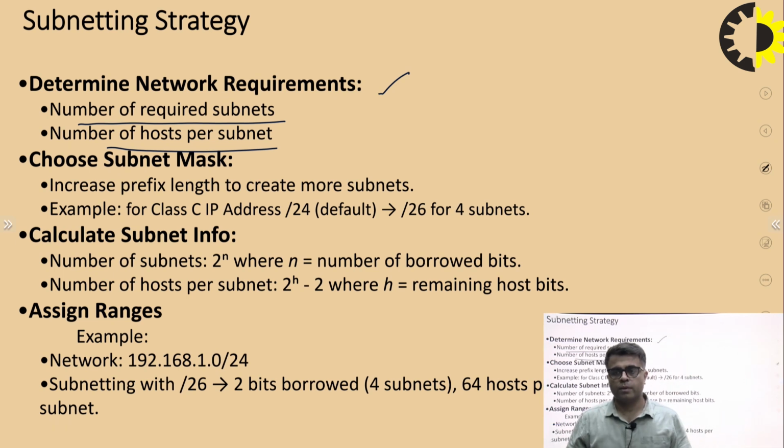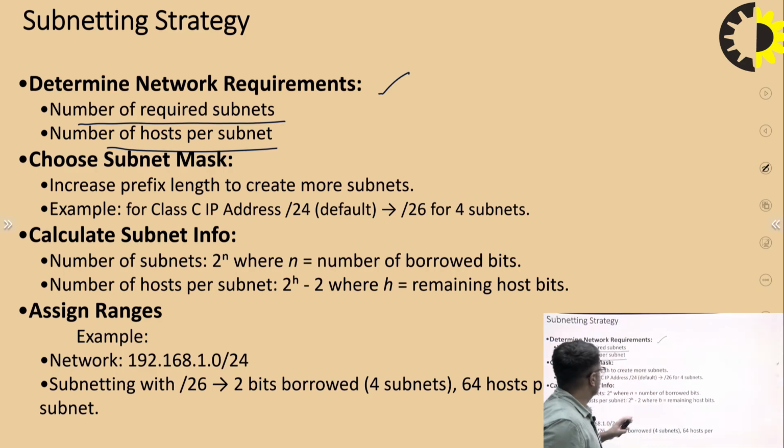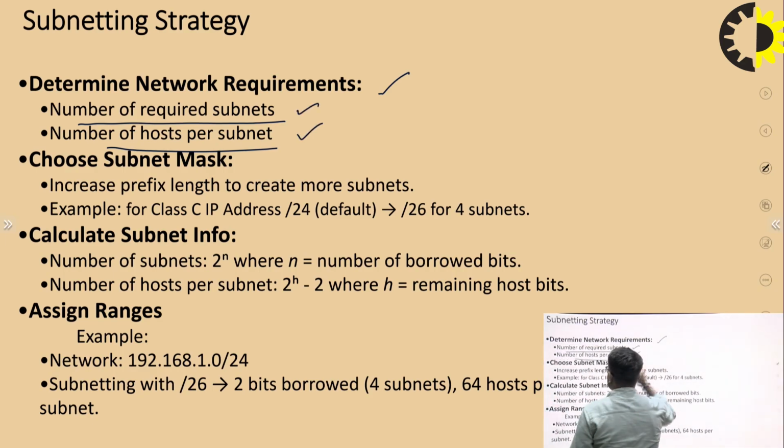Let's say 1000 hosts in each subnetwork. So we will be provided with an IP address and told to break this network into 4 subnetworks, each having 1000 hosts. This is the specification.